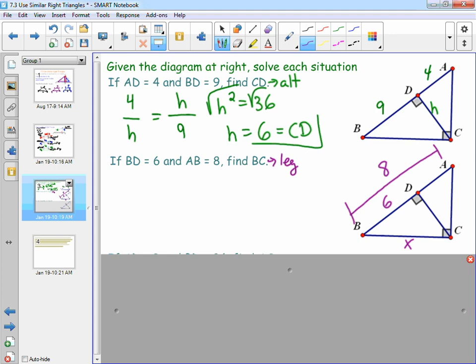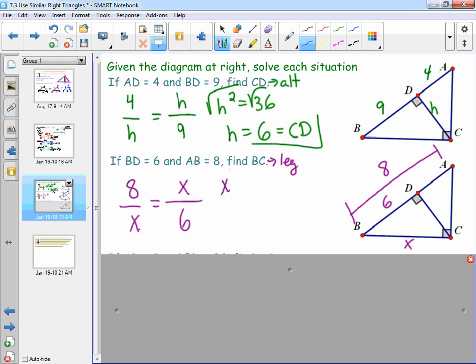Now, looking at the original triangle, the outside one, triangle ABC, X is a leg. So I know that BC is a leg, so I'm using the geometric leg proportion. So the leg, which I've called X in this case, is the geometric mean of the entire hypotenuse, which in this case is AB, which is a length of 8, and the adjacent piece, which in this case is 6.